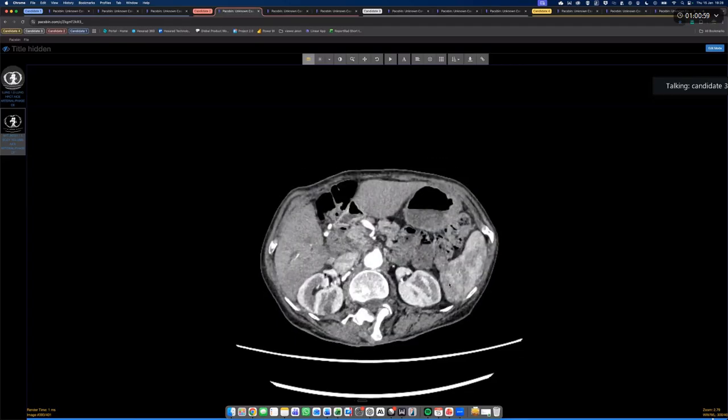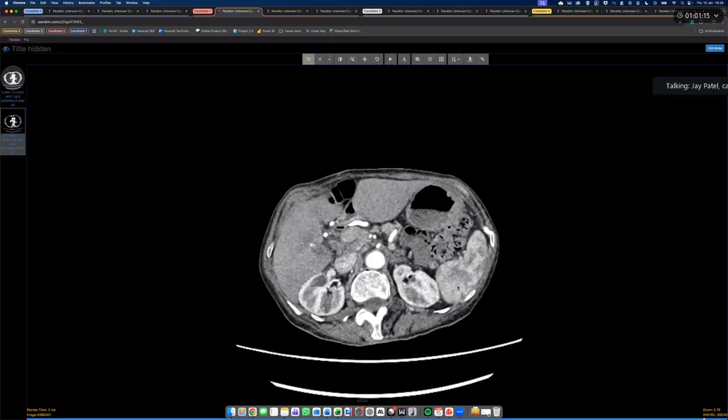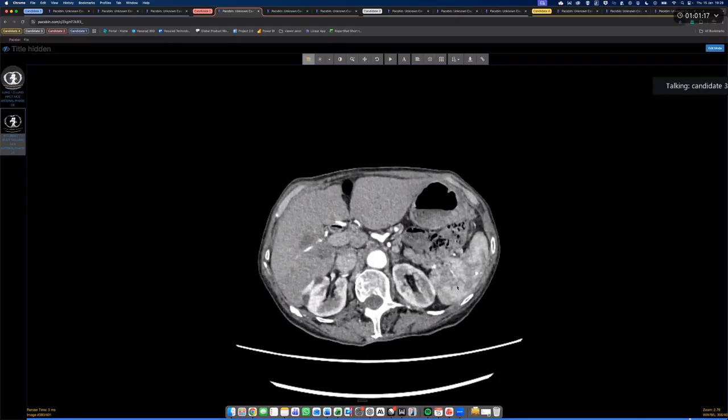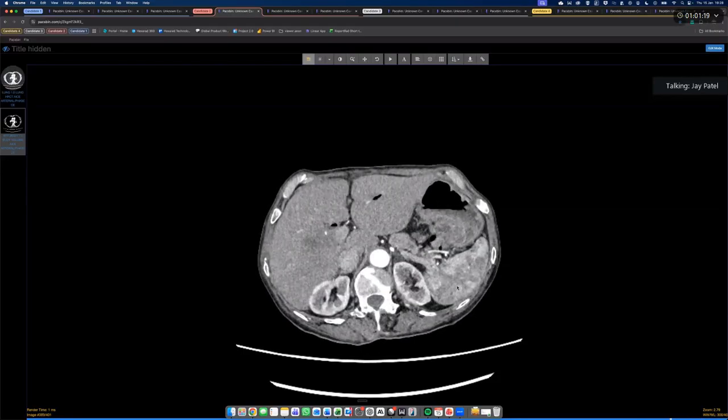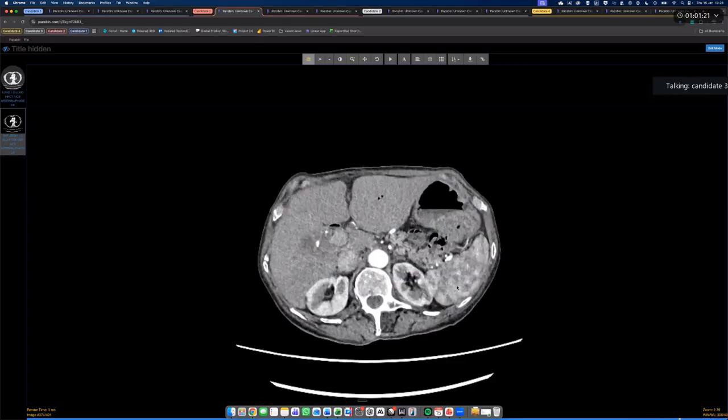There is also central as well as peripheral intrahepatic biliary radical dilatation. The pneumobilia on the left side could be post-procedural. I'm just trying to look for any stent. There's no stent.